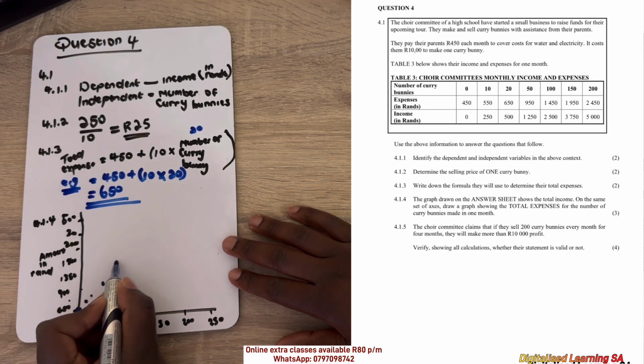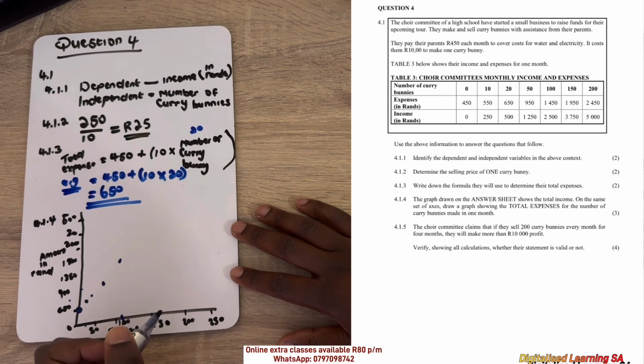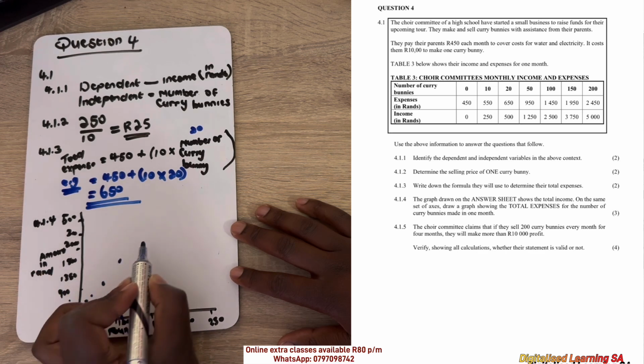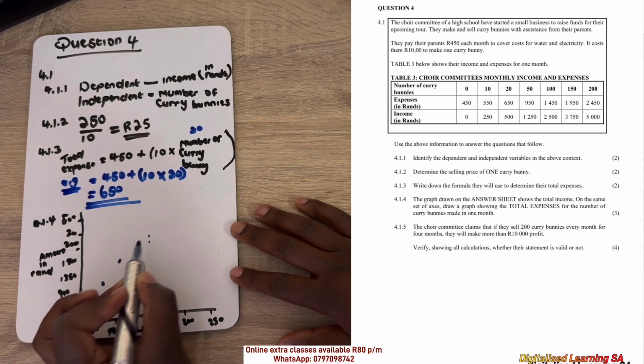So we can see 1,450 somewhere here, right? And then when we have 150 bunnies, our expenses will be 1,950. So we can see 1,950 somewhere here.